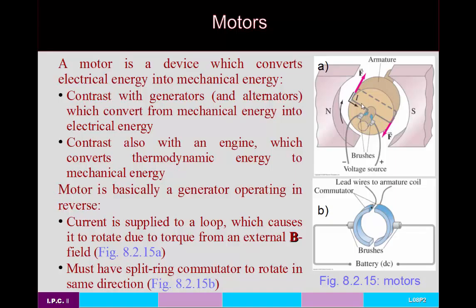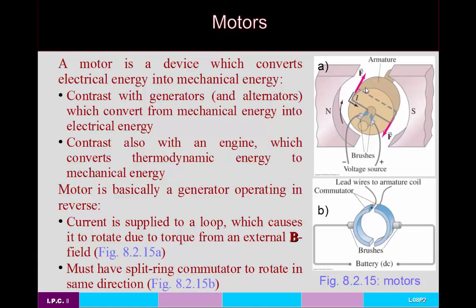And so every half rotation it switches to the opposite part of the split ring commutator. Hence, the current reverses direction with respect to the loop, but therefore, because the loop has also reversed direction with respect to the magnetic field, the current is in the same direction with respect to the magnetic field.